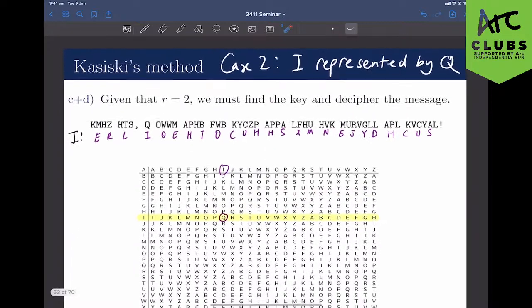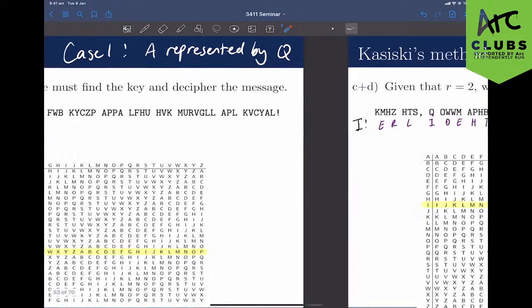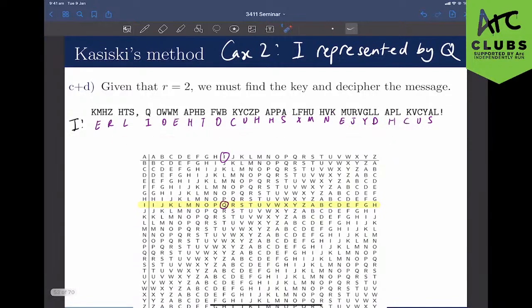And just comparing to the previous one, where we said that Q is representing A, there we have WJs and Gs and Ws. But here, we see a lot more of the common letters in better places, like we see a lot of E's, T's, H's, and so on.